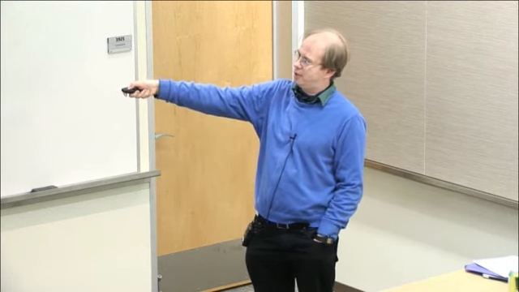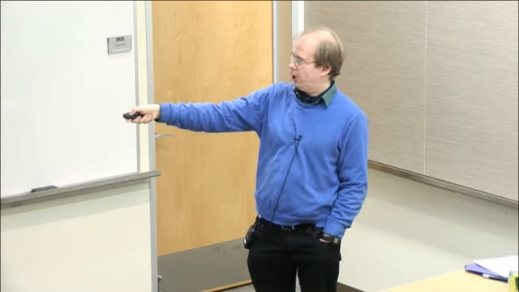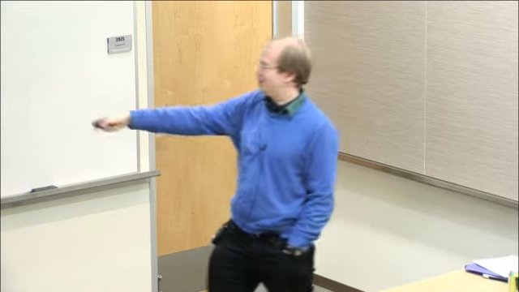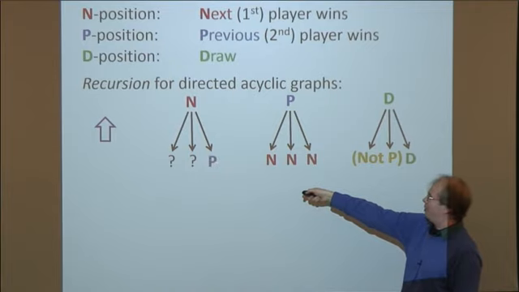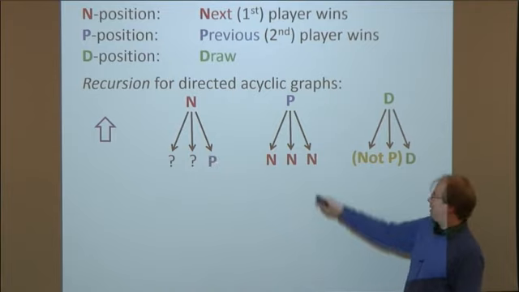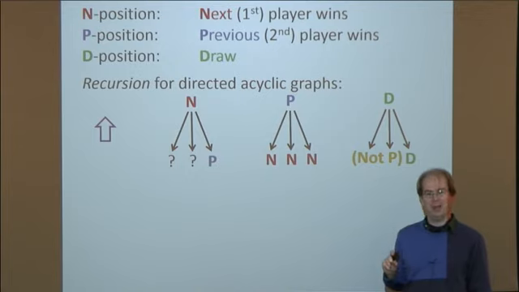And it's not very difficult to convince yourself that there's a recurrence for computing these things. If this is a node and these are all the nodes that you can get to from it, and you know the outcomes of them, then you can compute the outcome at this one. So for instance, if you can get to a P position from here, then that's an excellent move to make, because that means you're leaving your opponent in a position where they will lose.